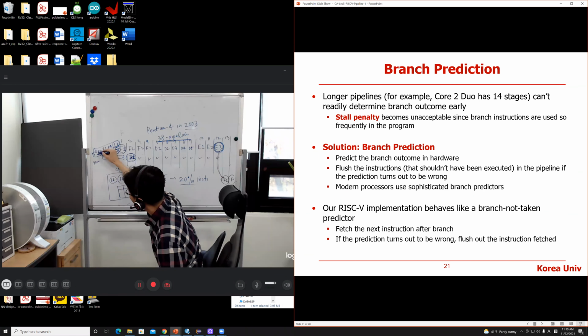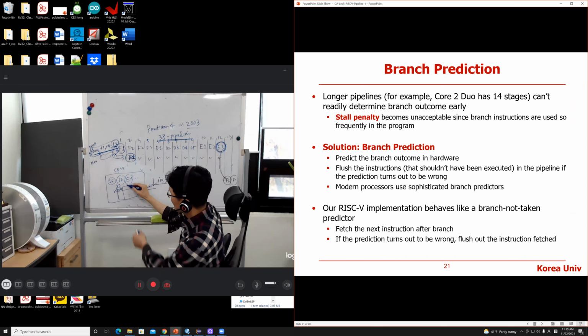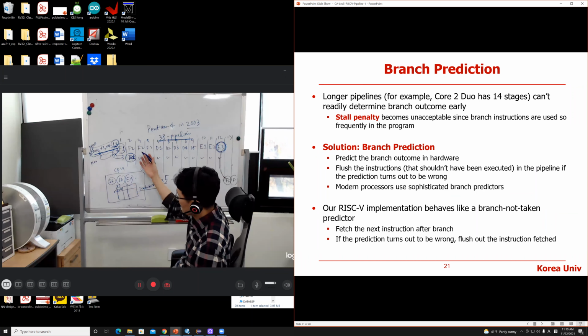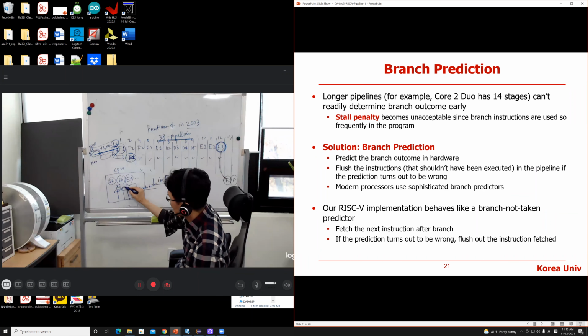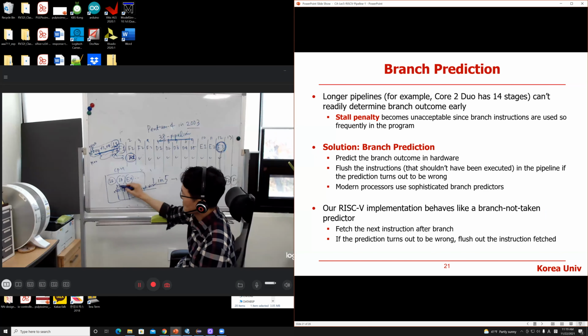Let's say this branch instruction is located at program counter 100. From the previous execution, I know that branch is taken, the taken history, and I know the destination is this label L1. It is recording that information.